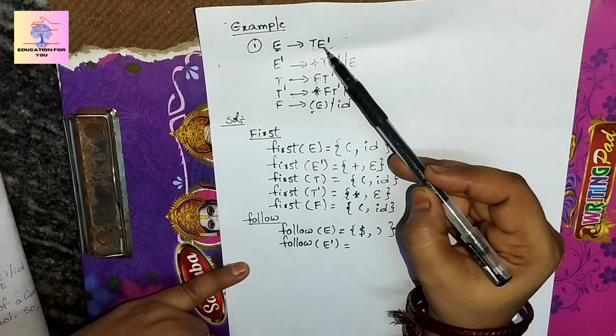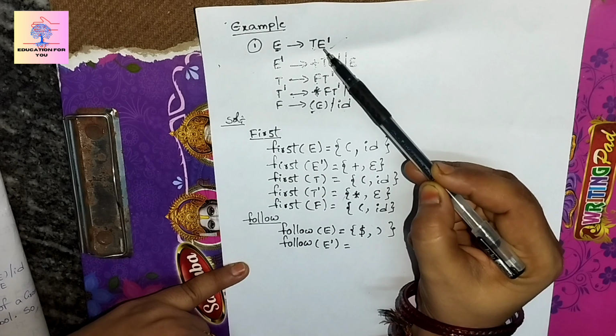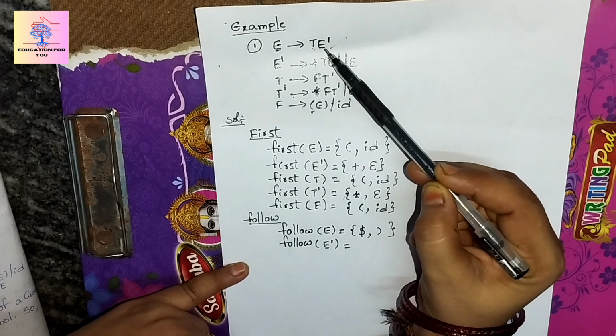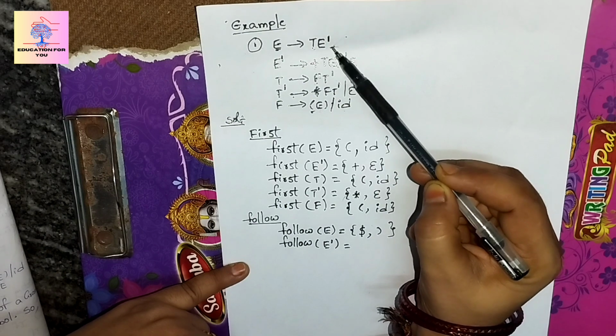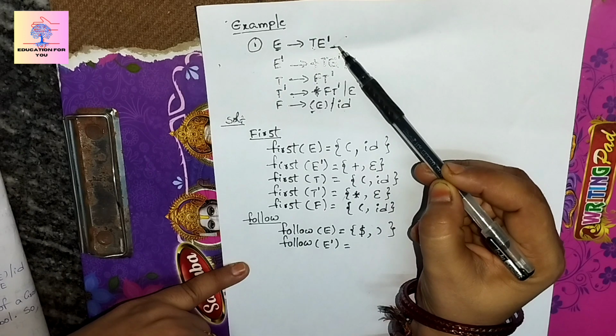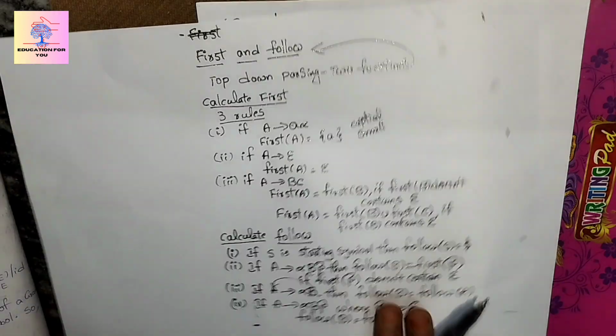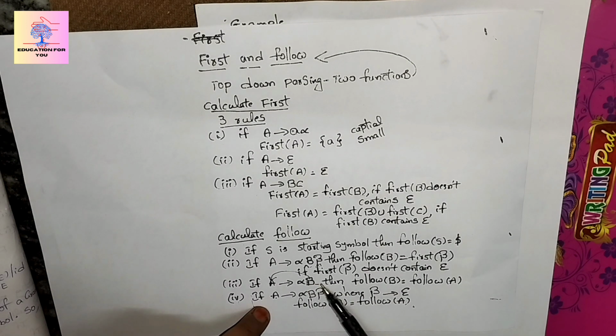Now coming to this production, E is producing T E dash. Here E dash is there, right? Who is following E dash here? Nothing is there here. So at that time, what I said, follow of B can become follow of E when nothing is there.